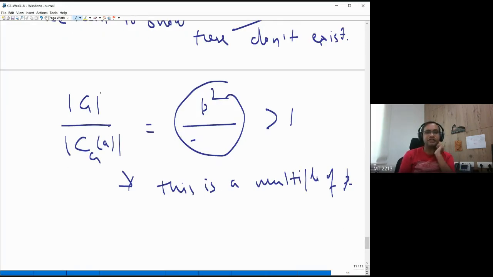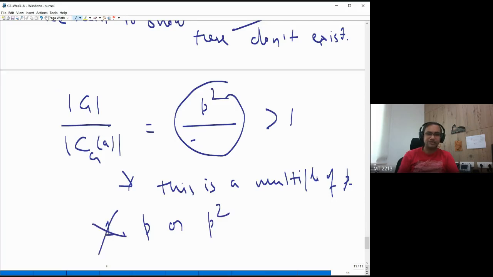Because the numerator is p square, and this is supposed to be a fraction divided by the order of some subgroup, and the order of a subgroup divides the order of the group. Whatever this number comes out to be, it is an integer and a divisor of p square, so it has three possibilities: either 1, p, or p square.